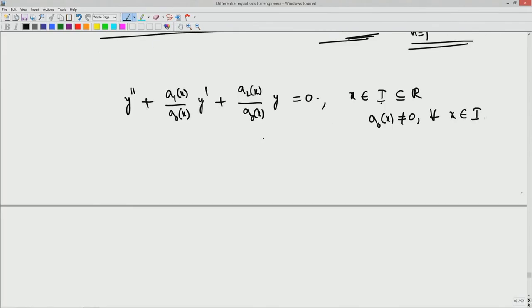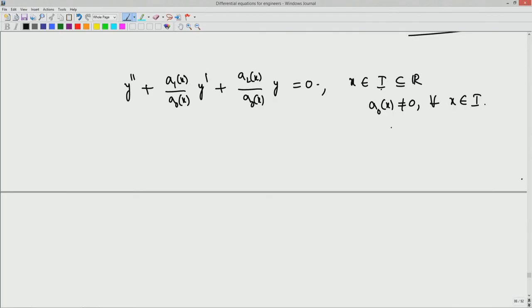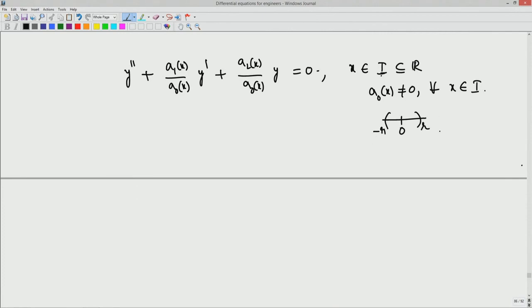Okay. So, assume that your I is some simple interval around 0, let us say minus r to r. Okay.